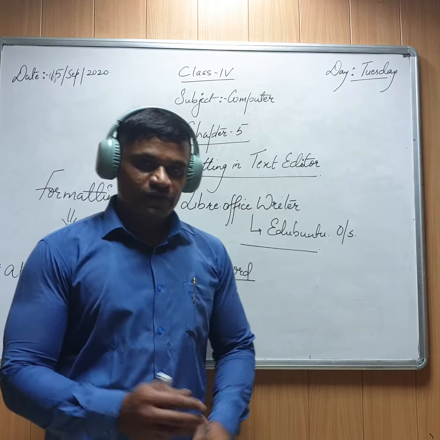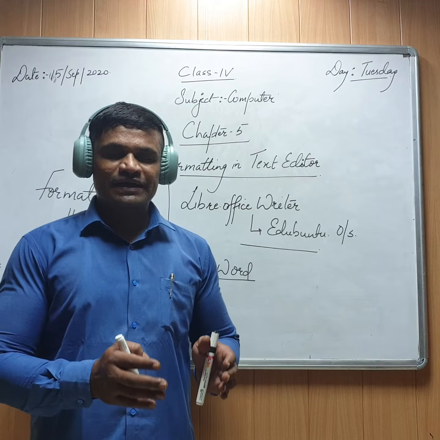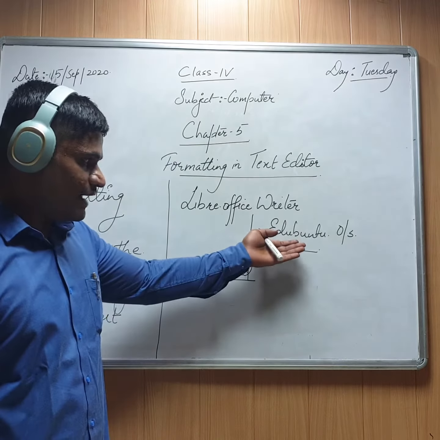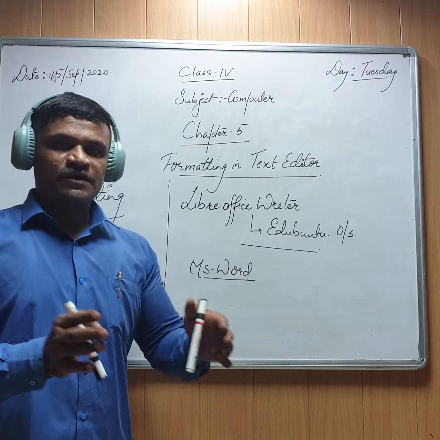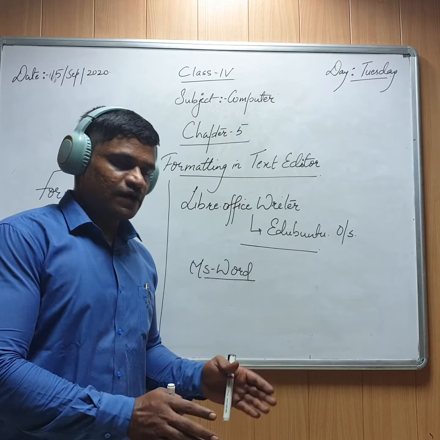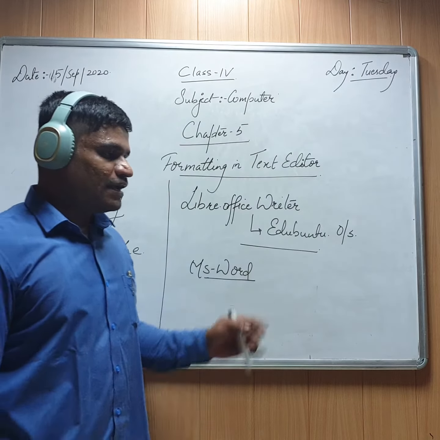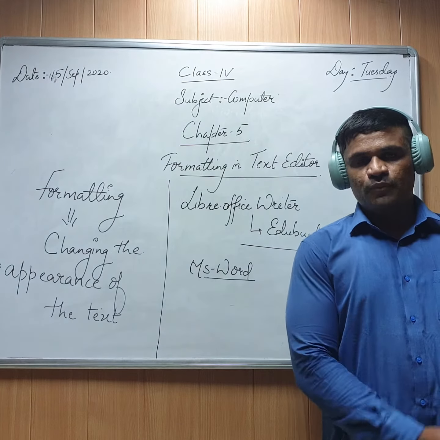And when you come back to the school, your school computer labs are designed and installed with Ubuntu software with Office LibreWriter. So only the practical explanation part will be over MS Word. Rest, the complete topic, the complete explanation will be based over your book's information.